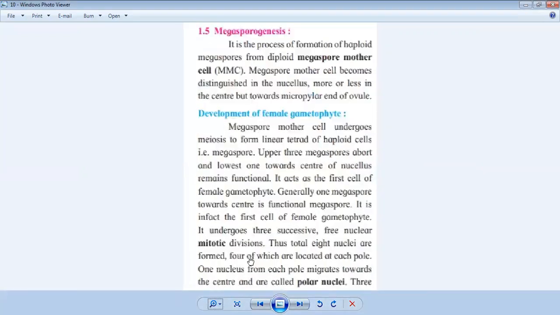Megasporogenesis means the formation of megaspore, that is, the female gametophyte. It is a process of formation of haploid megaspores from the diploid megaspore mother cells, in short called MMC. The megaspore mother cell becomes distinguished in the nucellus, more or less in the center but towards the micropylar end of the ovule.